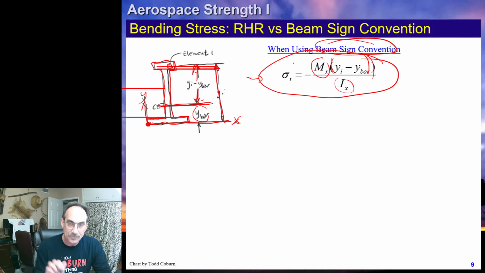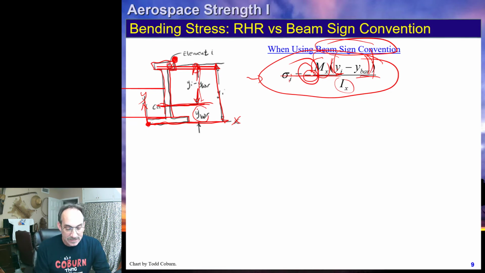Remember beam sign convention, compression on top. If we are looking for the stress at a point up here, at some point, let's say it's this point here, we're going to put in the position of that point, y minus y bar of the section. We have a negative sign here. That means if the point is above the neutral axis, this term is positive, this is a negative sign, and that's going to make our stress negative as we expect.